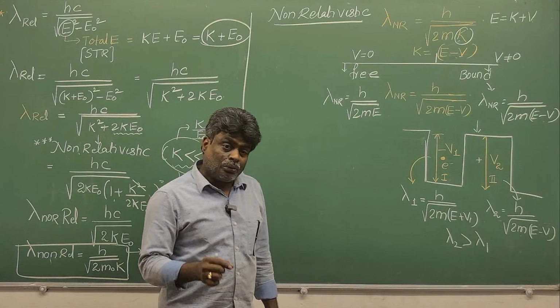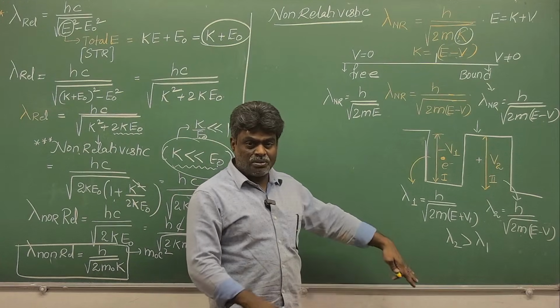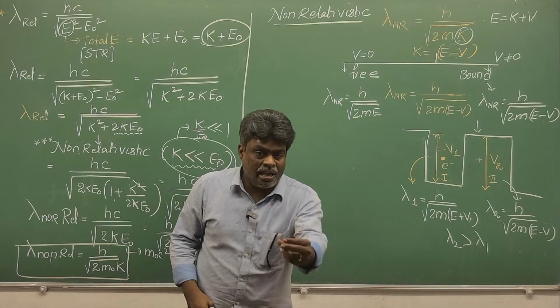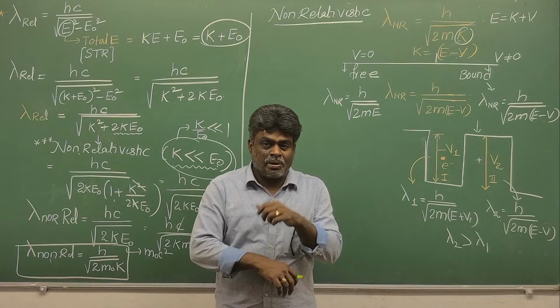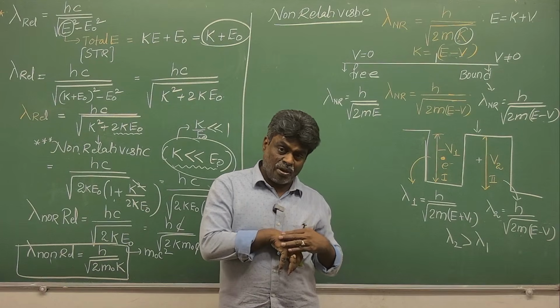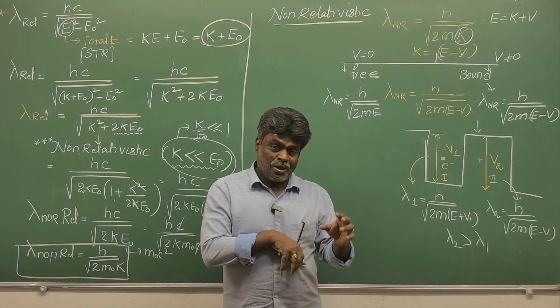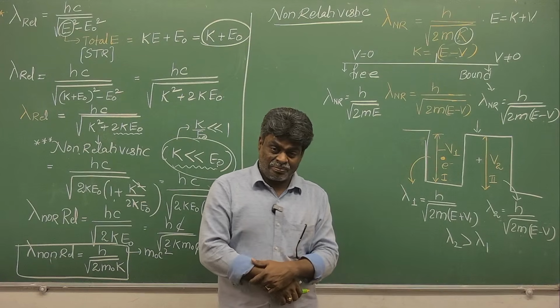Okay. The question can be asked another way also. That means what is the option? Lambda 2 is greater than lambda 1. Next, if some other paper setter is setting the paper, which of the following diagrams represents the wavelength in the two regions?